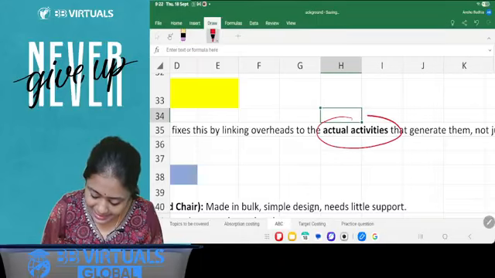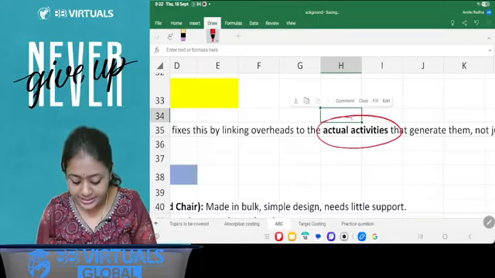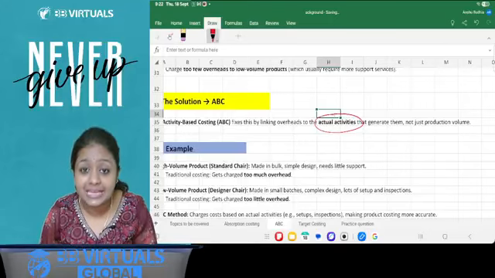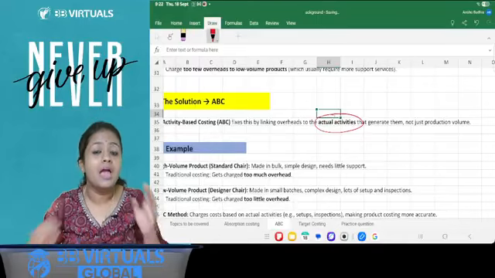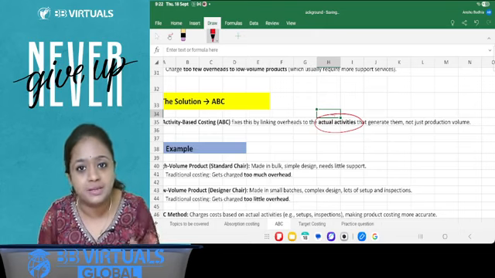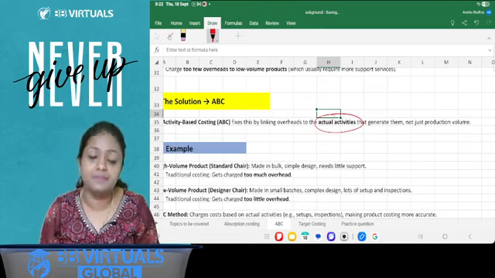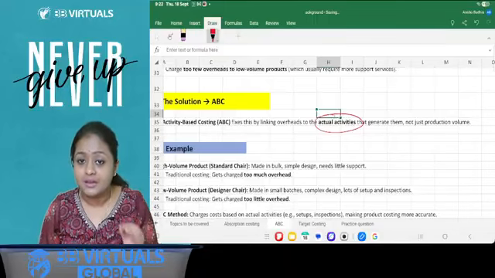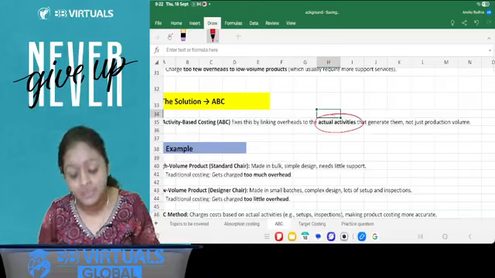Actual activities. So now we are allocating the overheads to the actual activities that are driving them, and not relating to the production volume or the hours on a random basis. We are linking them to the actual activities, actual hours, actual drivers, and not just any random basis.